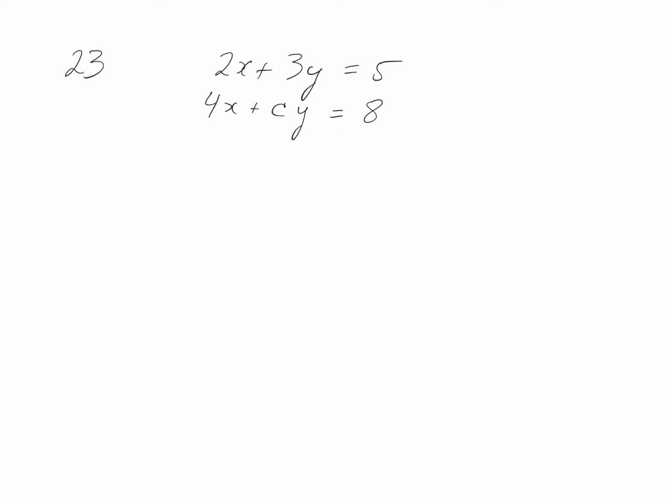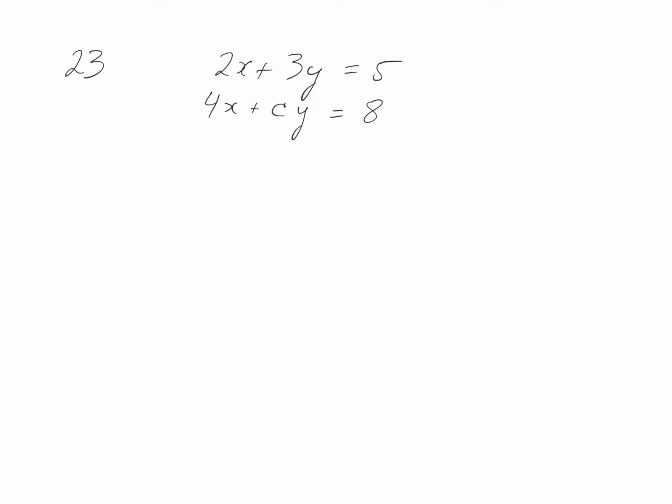And so you might think we need to put them in slope-intercept form, get the slope of both, compare them, set them equal to each other. And while you can do that, and I will show you how to do that, at the end I'll show you a super fast way to do it.